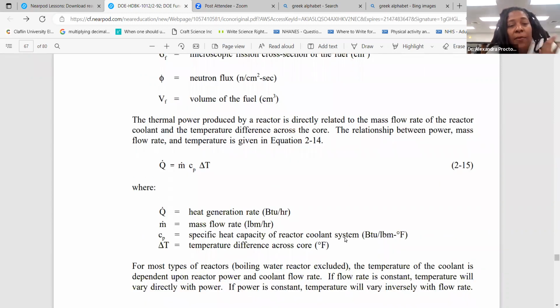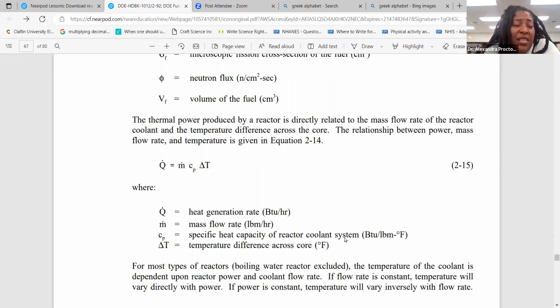So the thermal power produced by a reactor is directly related to the mass flow of the reactor coolant and the temperature difference across the core. The relationship between power, mass flow rate, and temperature is represented by this equation.